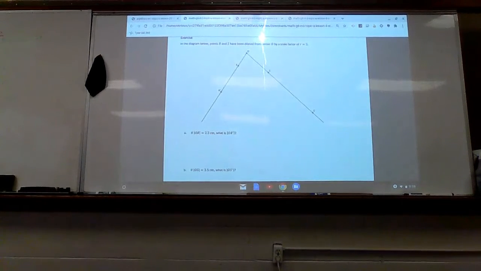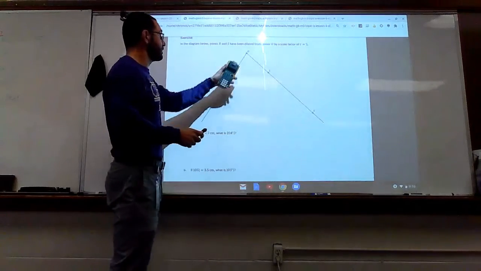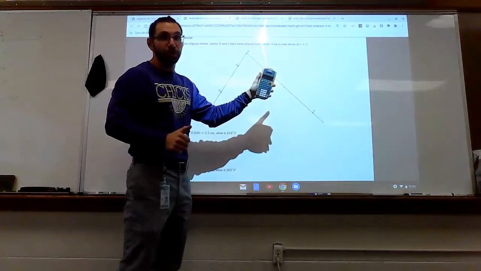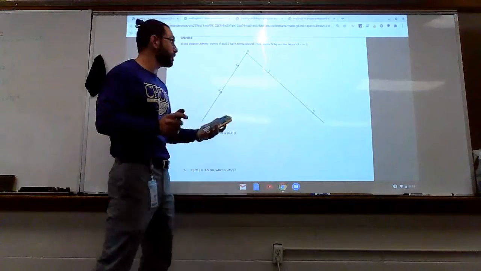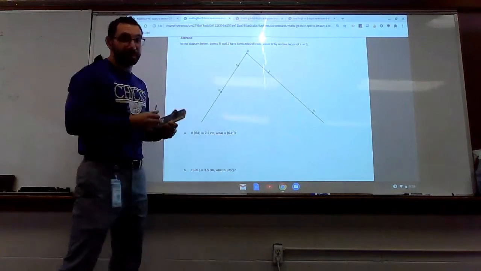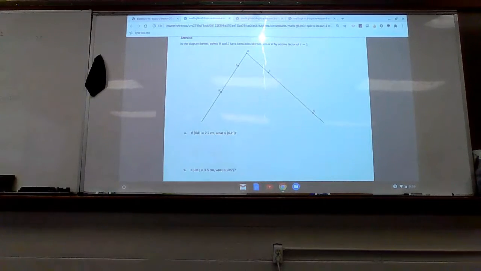So taking a look at this very first example, there is very little that you do not know how to do already. In the diagram below, points R and S have been dilated. Image or pre-image? Image. How do I know? No primes, R prime, S prime. They've been dilated from point O, which means they're going out from point O, and it's an enlargement by a scale factor of 3.